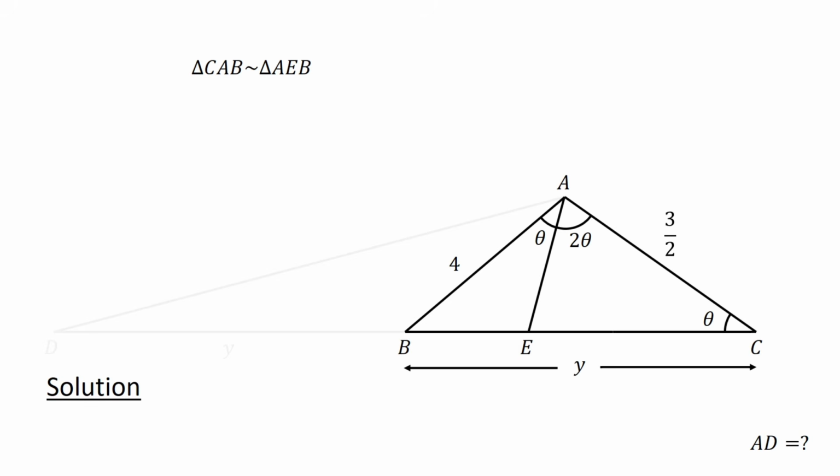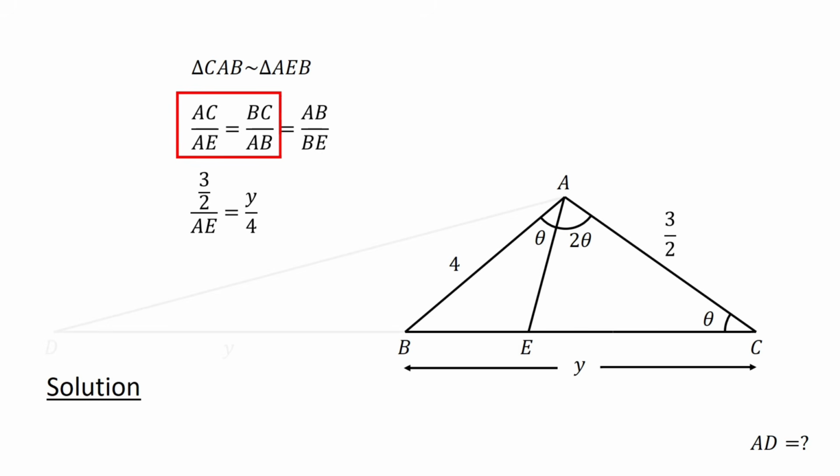Since corresponding sides in similar triangles are proportional, we have AC over AE equals BC over AB equals AB over BE. From AC over AE equals BC over AB, we have 3 over 2 divided by AE equals y over 4, or AE equals 6 over y.